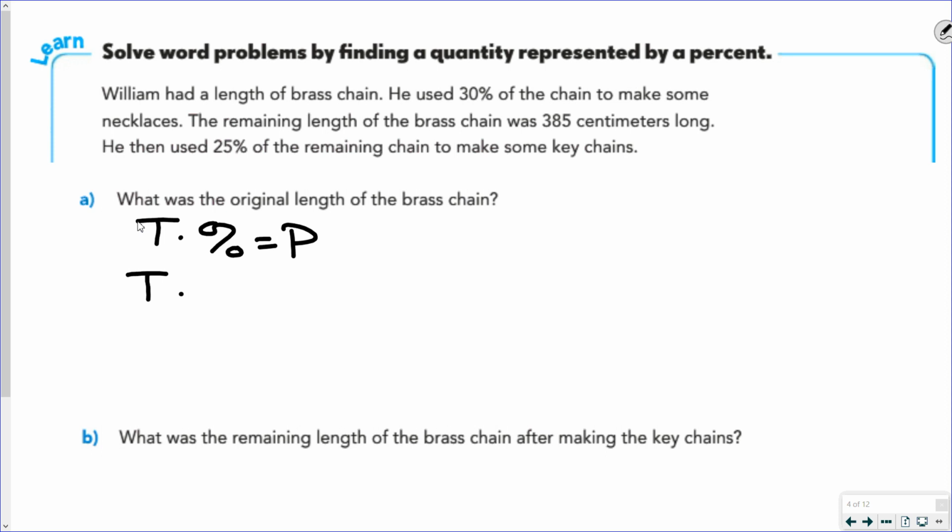It then says he used 30% of the chain, but the remaining length was 385. Well, if he uses 30%, that 30% is going to be gone. And so if he uses 30%, he would have 70% left, which would be the 385 centimeters. So we would divide both sides by 70%.